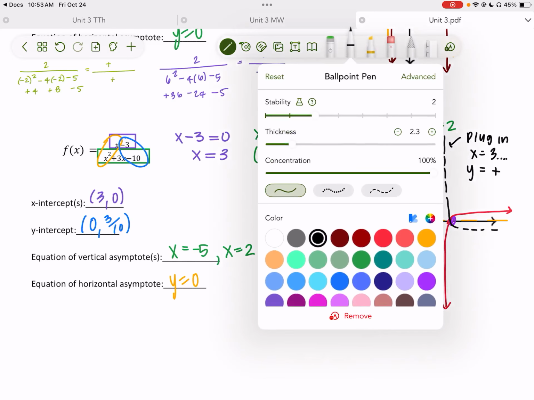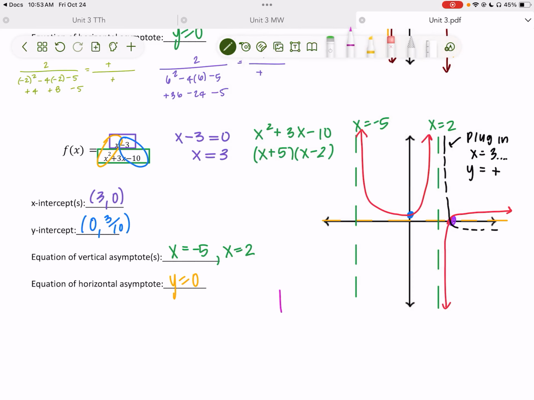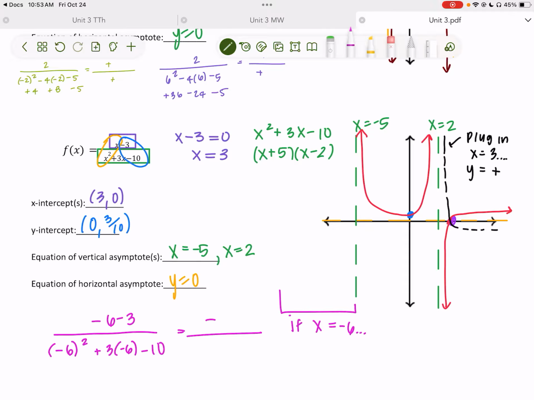If you're not quite sure. The section on the far left, however, we do need to plug something in for sure. So let's say if x equals -6, what's going to happen? So we have -6 minus 3 over (-6) squared plus 3 times -6 minus 10. So that's a negative. We will have 36 minus 18 minus 10.